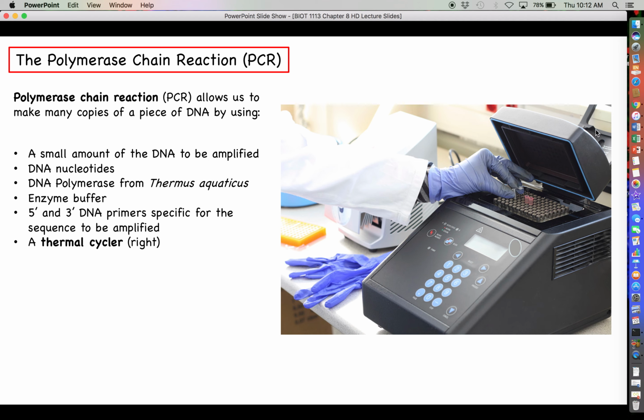And then finally, this machine that you see on the right is called a thermal cycler. What we're eventually going to learn later on in the semester is that PCR cycles through different temperatures. So you go through periods where you're at 55 degrees Celsius, some in which you're at 95 degrees Celsius, and some at which you're at 72 degrees Celsius.